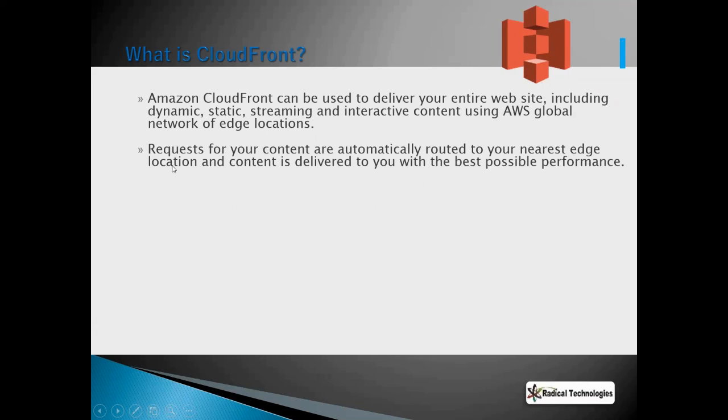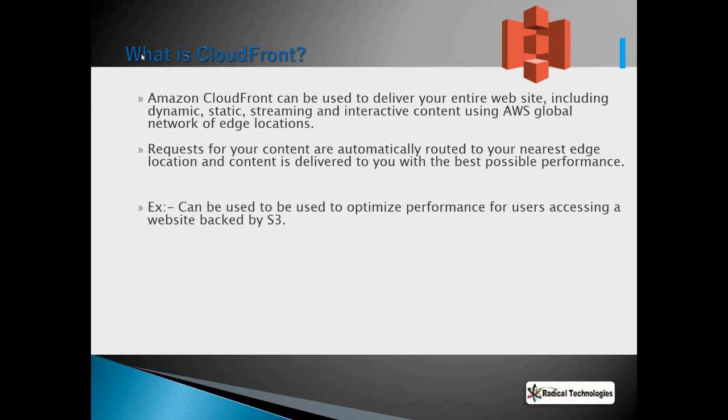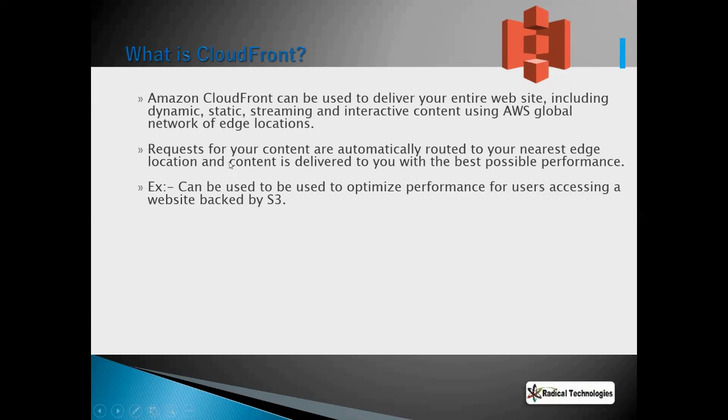As I said, you don't know whether you are accessing the website directly or a nearby edge location. You are not concerned about that. The user doesn't know if he or she is accessing the direct website or the content from a nearby edge location. The request is directly routed to the nearby edge location, and the content is delivered to you with the best possible performance.